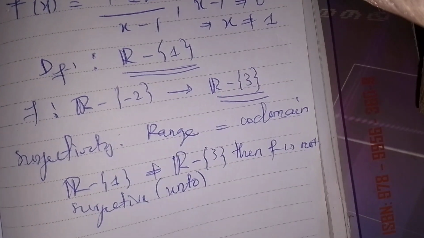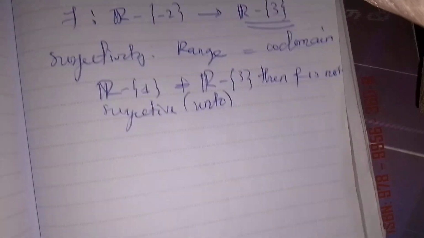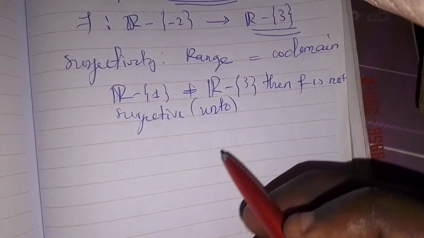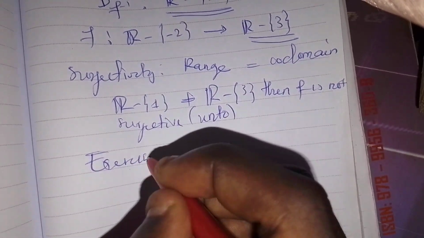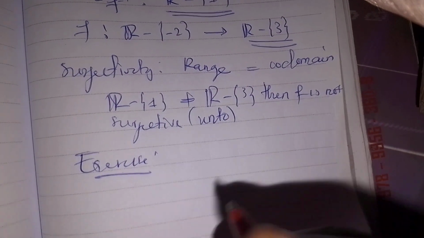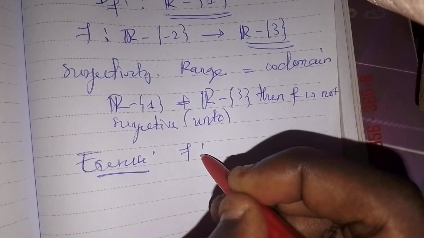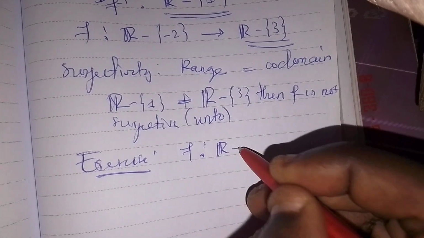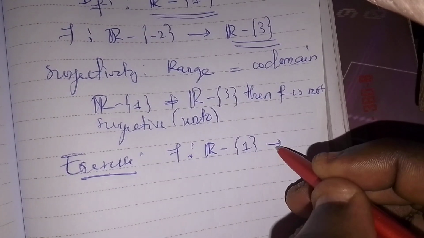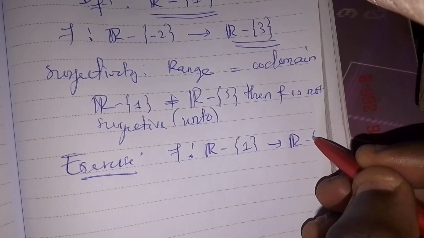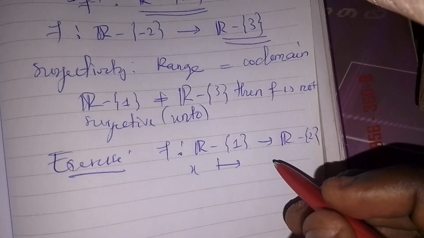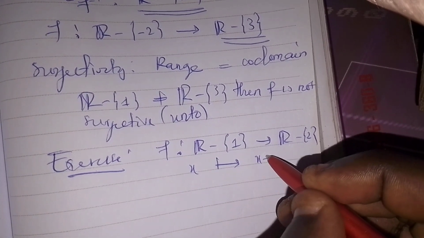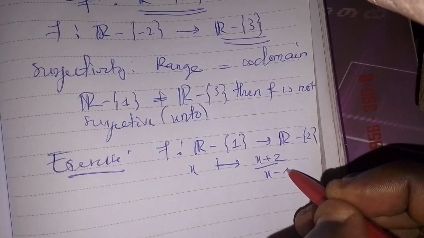Let's just use this little space here to do composition of functions. Or maybe let me just give an exercise and then you answer in the comment section. Let's say we have a function f from the real numbers minus 1 to the real numbers minus 2, where x is associated with x plus 2 on x minus 1.